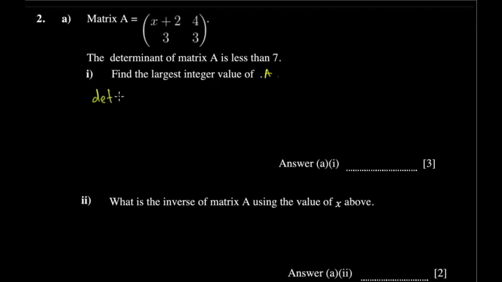Okay, so determinant, you can either say det of A, or you can just say A between bars. It simply means determinant. So what you do is this diagonal here, they have to multiply first. Since this one is a negative, you put it in brackets.